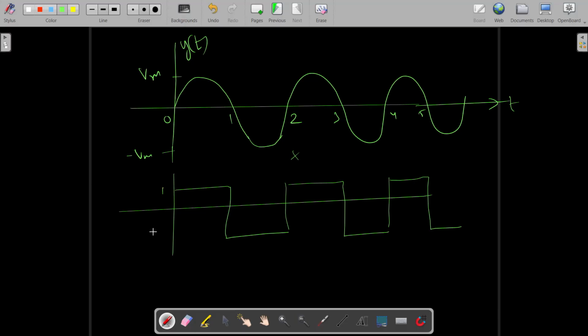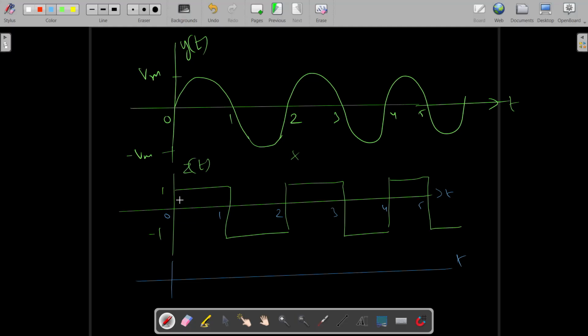This is 1 and this is minus 1. Let us call this z of t. Now if you multiply it, what is the output going to be? Let us call this t, with 0, 1, 2, 3, 4, 5, and so on.